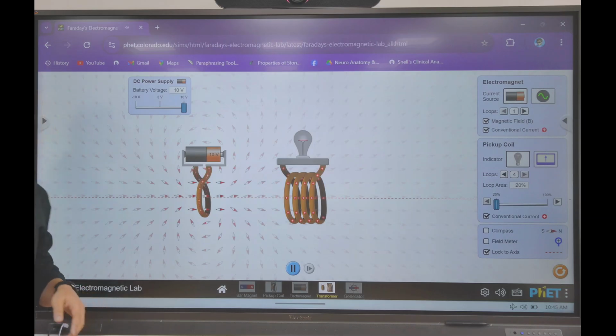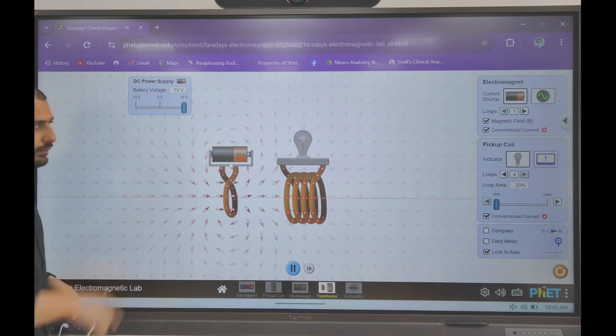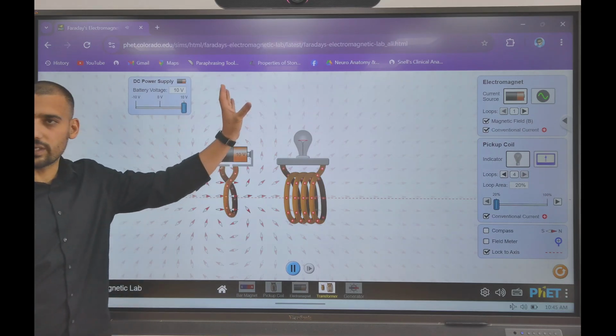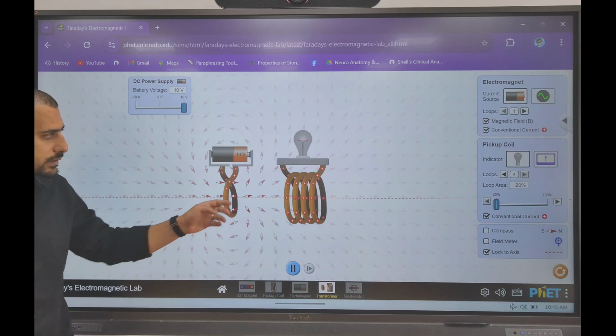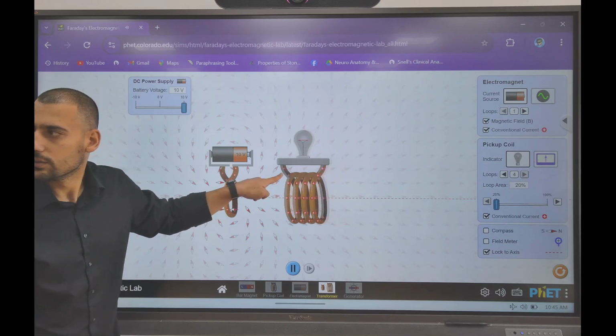Now see, when the current in this loop is flowing, I increase the strength of the current which is flowing through this. The current flowing here is very less, isn't it? Do you see that?